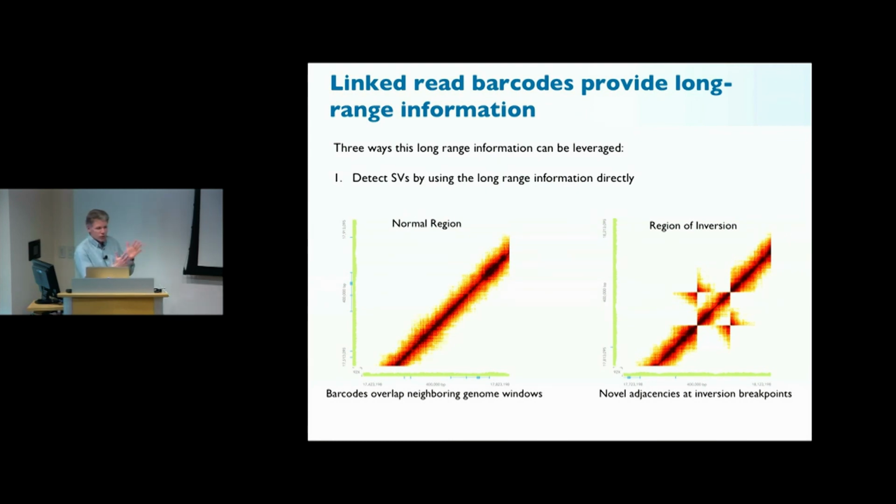That's what the plot on the left is showing. But when you have a structural rearrangement, you'll get distinctive patterns of the barcodes not being where they should be. The molecule doesn't look contiguous when you align it to the reference. So on the right, this is kind of a distinctive pattern you would get from an inversion if the person was homozygous for the inversion.